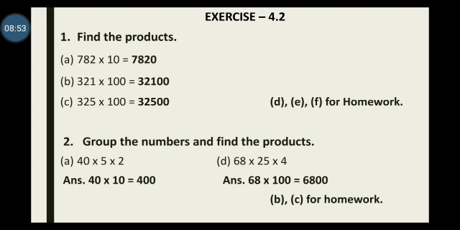Now open your notebooks, put today's date on the left side, write exercise 4.2 in the middle and write question number 2. As we have just understood the grouping of the numbers to find the product, here is our question. Write the question, group the numbers and find the product, and write the first part.